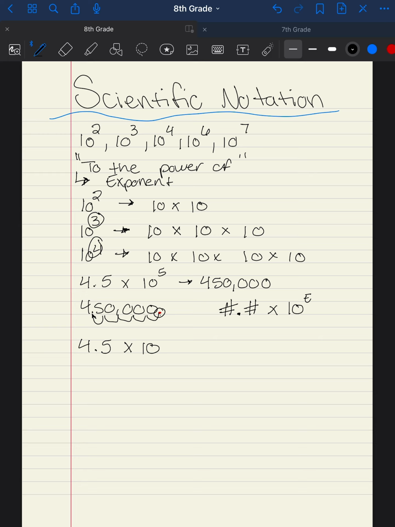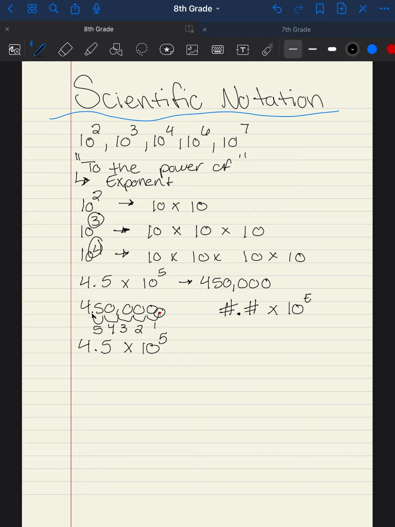The exponent will be how many times you move the decimal. So let's count. We moved it once here. Okay. We moved it again here. Again here. Again here. And again here. So, how many times did we move the decimal? 5 times. So that will be our exponent. It looks hard, but it's actually extremely easy.